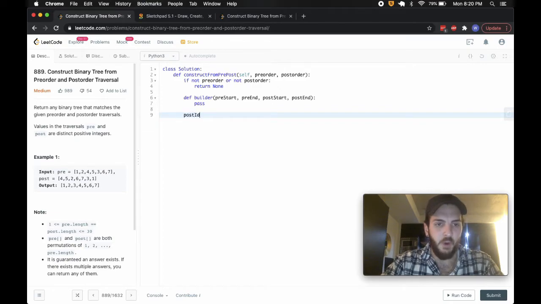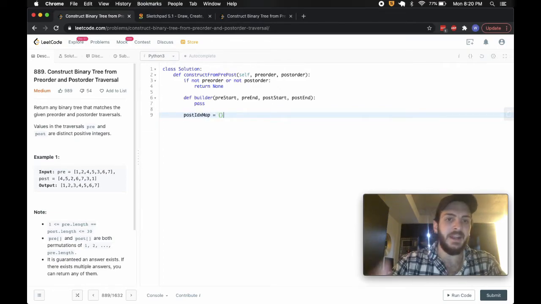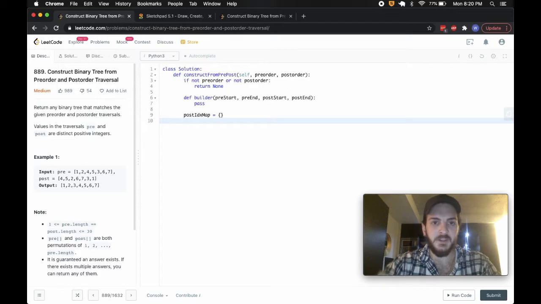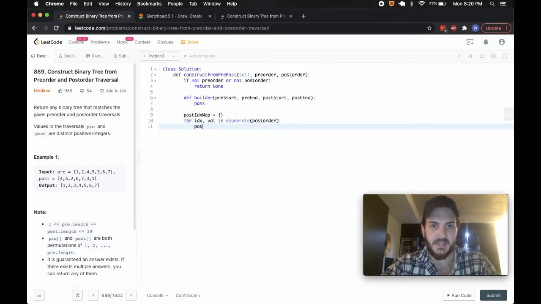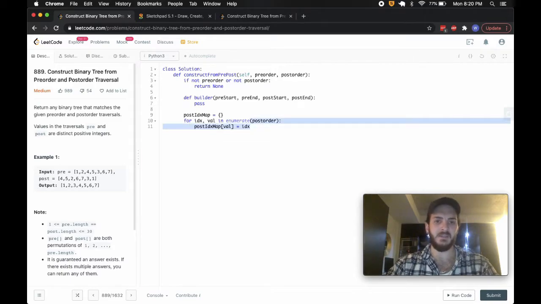So I'll just call that post index map, like how I called it index map in the previous videos. And we'll say for index and value in the enumeration of the post order table, we are just going to say post index map of the value. So we want to know what index the value is at, and that's what these two lines of code will do.